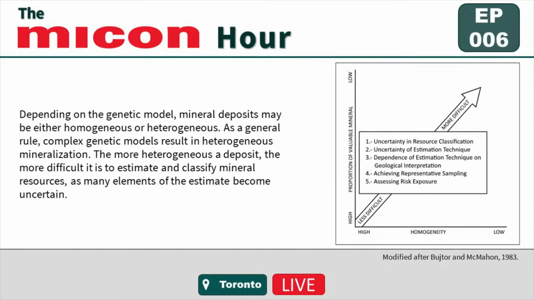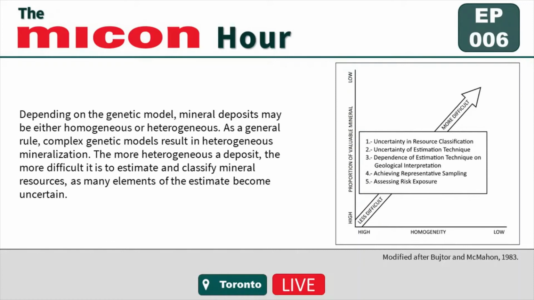Depending on the genetic model, mineral deposits may be either homogeneous or heterogeneous. And as you can see from this slide, there's a general rule. Complex genetic models result in heterogeneous mineralization. The more heterogeneous a deposit, the more difficult it is to estimate and classify the mineral resources.